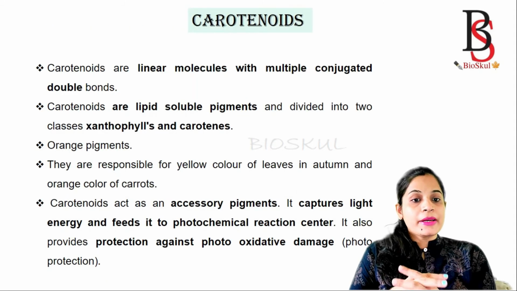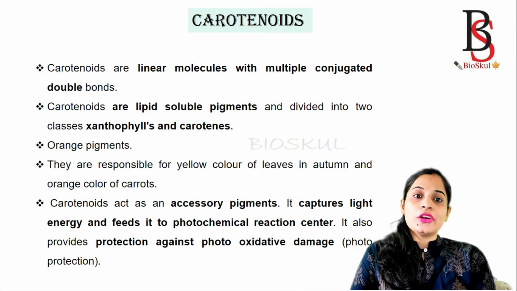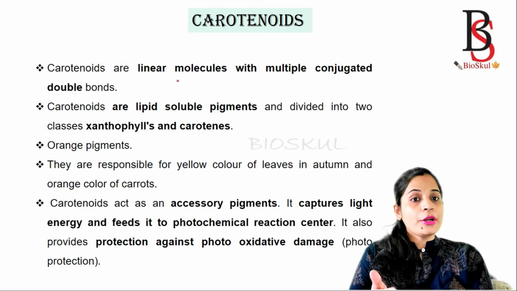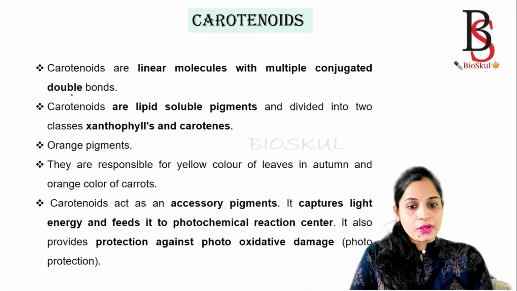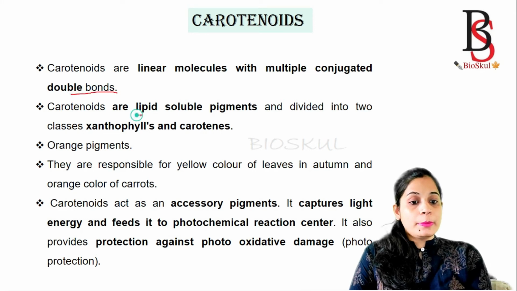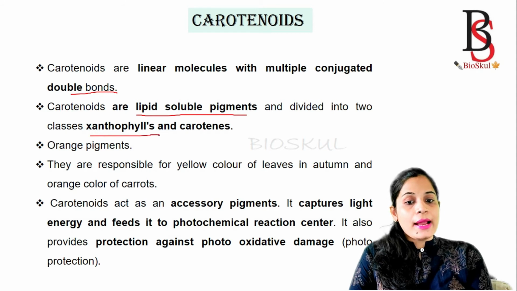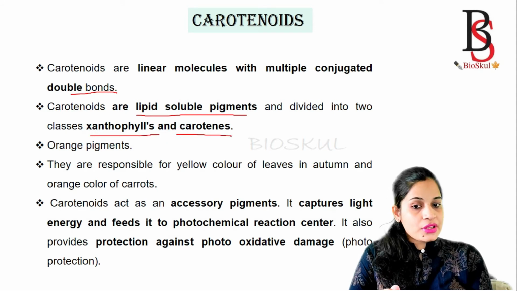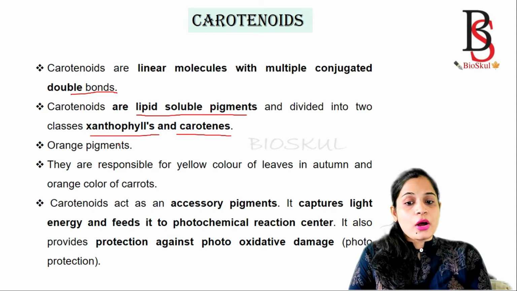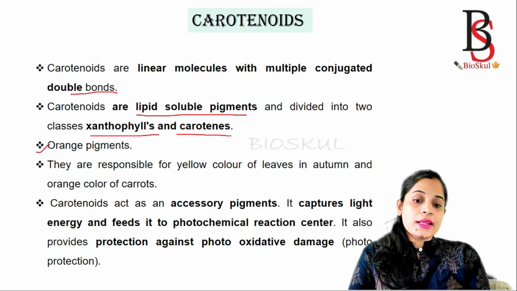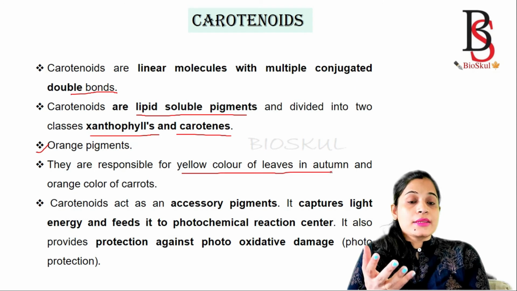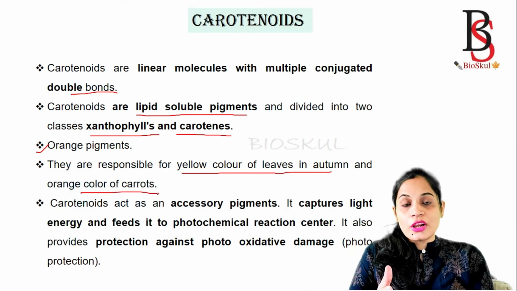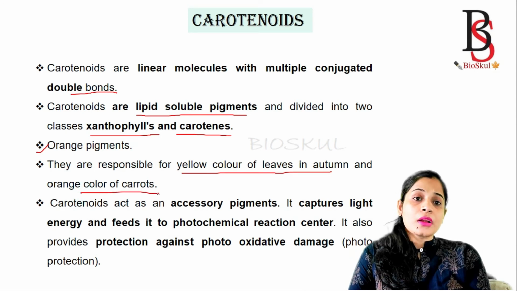Now the next pigment is known as the carotenoids. Carotenoids are linear molecules with multiple conjugated double bonds. These are also lipid soluble pigments and are divided into two classes: xanthophylls and carotenes. Carotenoids are orange pigments, responsible for the yellow color of leaves in the autumn, as well as for the orange color of carrots.